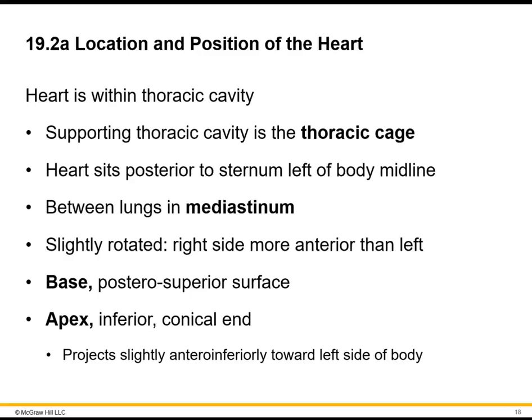It's going to sit between the lungs in a region called the mediastinum. It's a little bit rotated. The right side of the heart is more anterior than the left. So think of the heart as like it's pointed a little bit towards the left. The base is the posterior-superior surface of the heart, while the apex is the antero-inferior end, or the conical end of the heart.